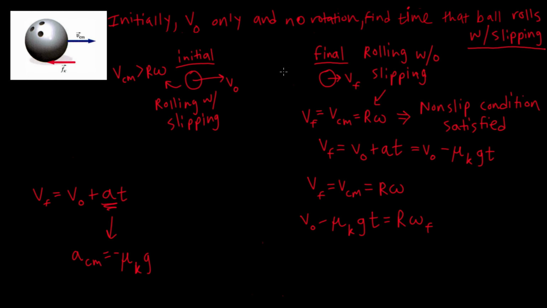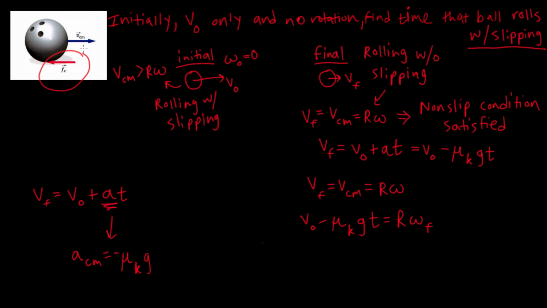And so I'll denote that with the angular speed subscript f for final angular speed. So notice that the initial angular speed is 0. The final angular speed is not going to be 0 because the force of kinetic friction is going to create a torque.